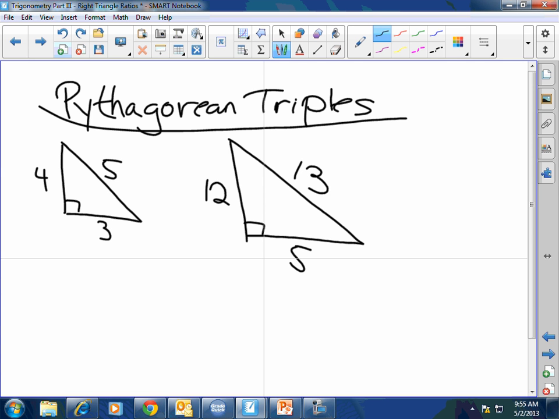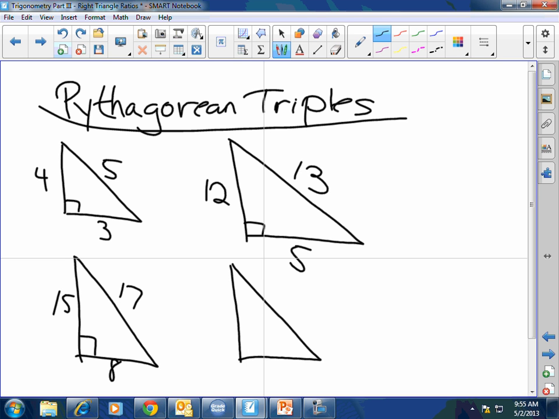5, 12, 13. Yes, that is a Pythagorean triple, or any multiples of that. Another very popular one, though not as popular, is an 8, 15, and 17 triangle. This one's very rare, but it happens: 7, 24, 25.